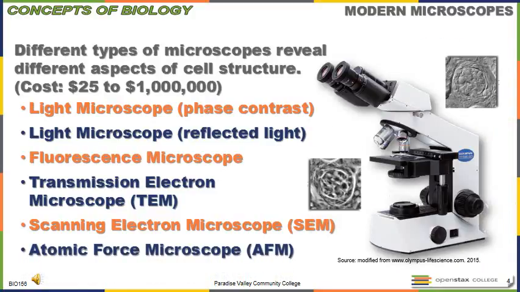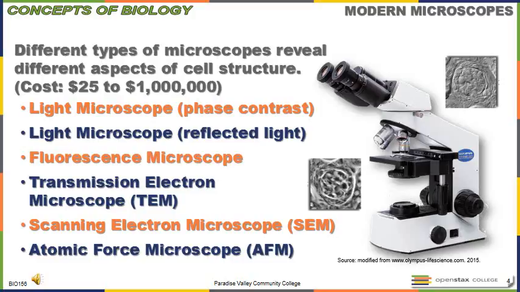Thankfully today we have use of very sophisticated microscopes that have come an incredibly long way from the 1700s and Leeuwenhoek and Hooke. And we have the microscopes that we use today in our lab, which are like the one that's pictured here, the dual ocular light microscope.